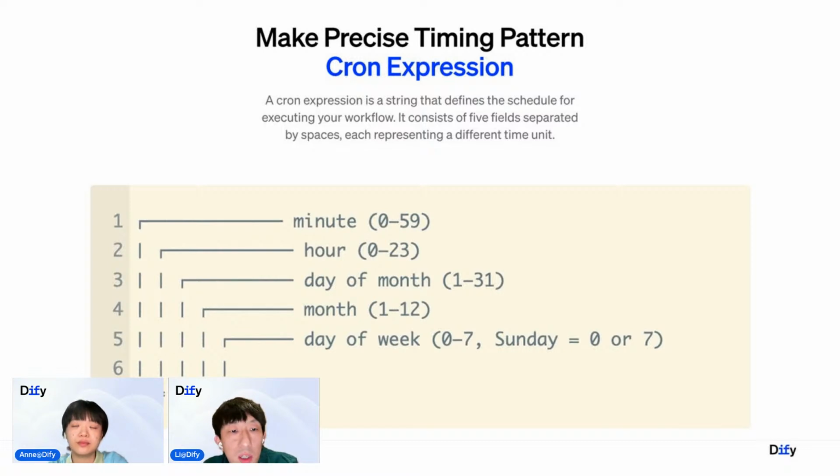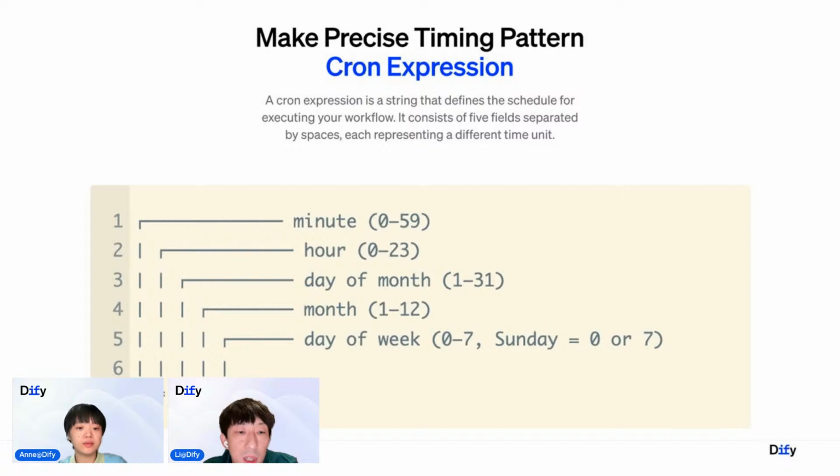A standard cron expression, as you can see from the image, has 5 or 6 fields, each representing a unit of time. The first one is the minute, from 0 to 59, and the second one is the hour, from 0 to 23.